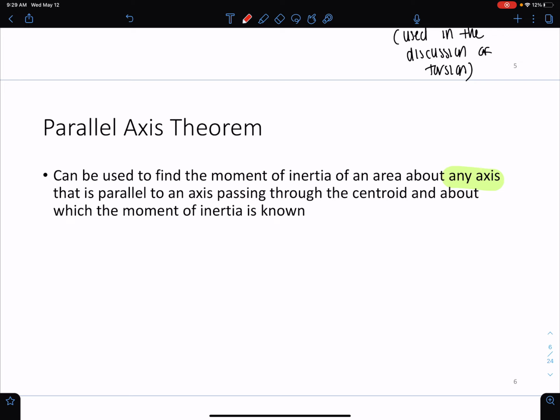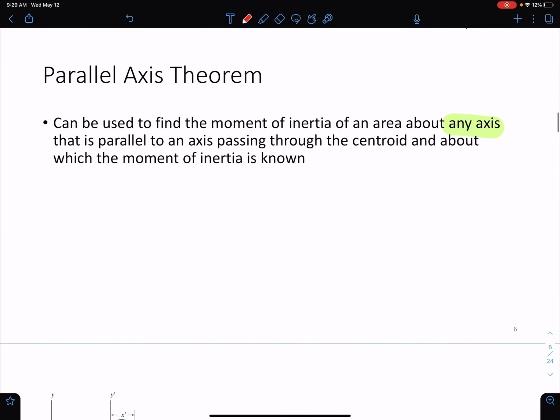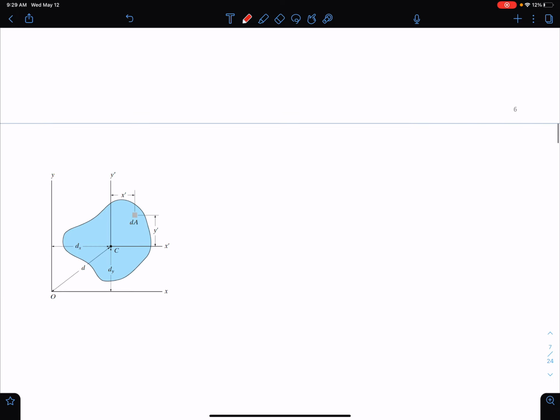Okay, so to derive this, come over here for a second and draw this. So to derive this, let's consider this shaded area here, this shaded blue area. If we want to find the moment of inertia about the x-axis, we would choose this differential element dA. And this dA is located at some arbitrary distance y prime, some arbitrary distance x prime from the x prime y prime axes.